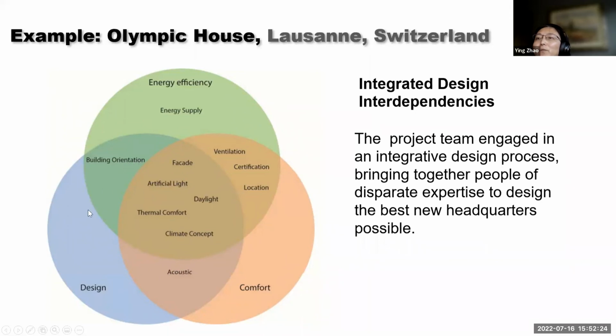The building orientation is between design and energy efficiency, but it doesn't directly relate to comfort. For energy and comfort, ventilation and location could be important. So they analyzed all of these in the early design phase with the integrative process.